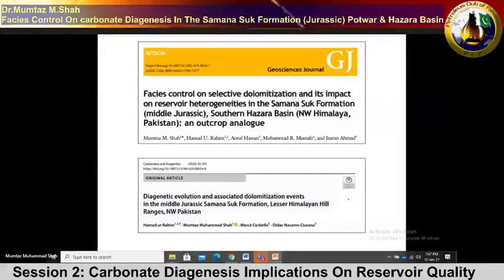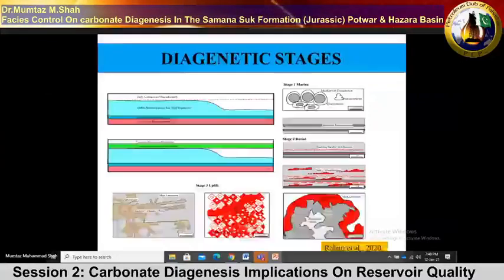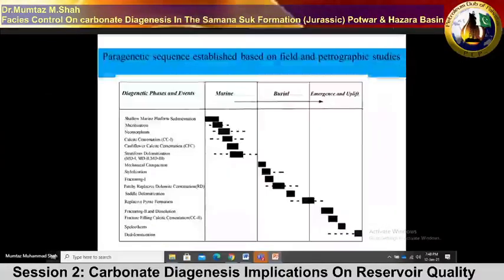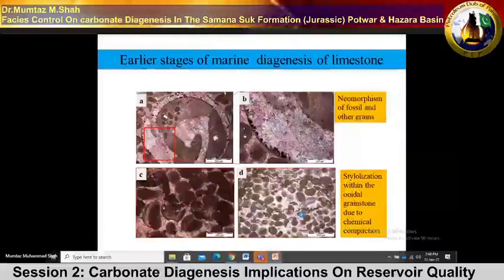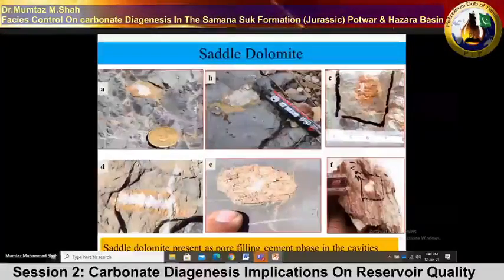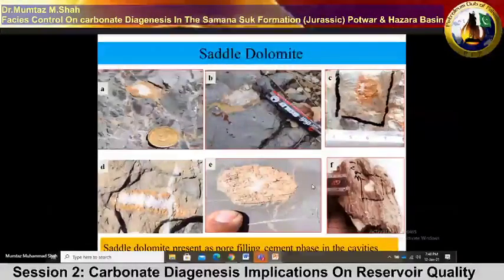So we believe that the late stage calcite as well as the saddle dolomites played a key role in destroying the porosity of these reservoirs. It is evident in some of the outcrop photographs as well. If you look here, we can see that the pores are being filled by the calcite and these dolomites.